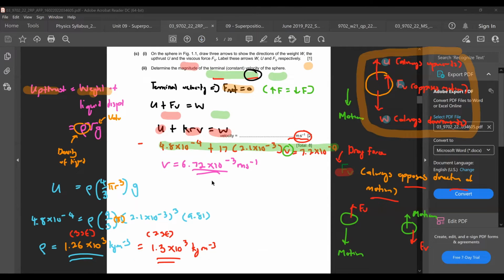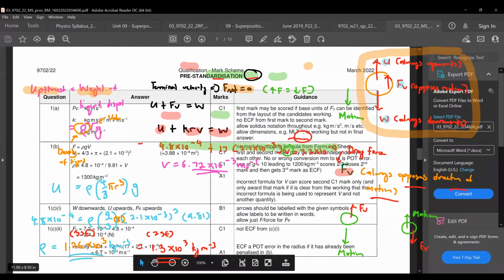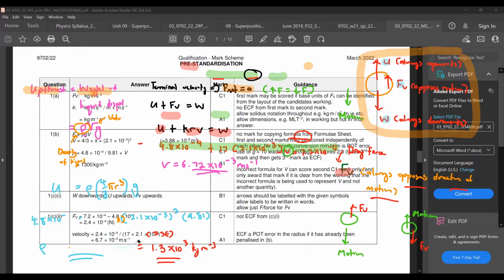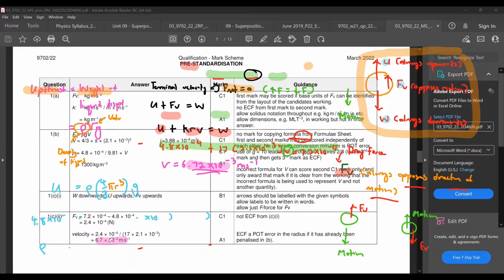Okay, that is what you ought to get, but let's check the answer. Yes, you get 6.7 times 10 power minus 3 meter per second. Okay, so the answer was here. If I were to change my answer from 3SF to 2SF, I'm actually getting that same answer. Okay, right? So this one is for question 1.